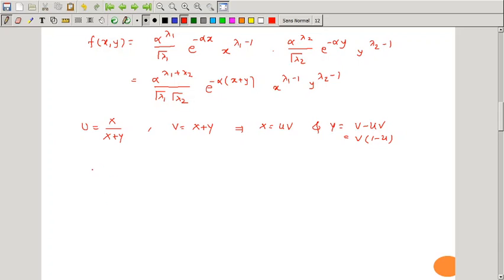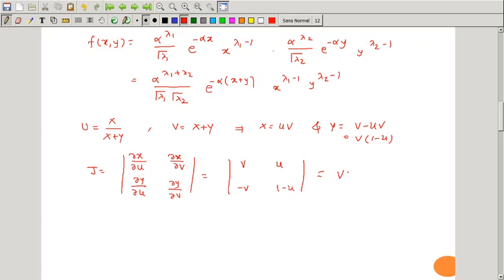Now further we find the Jacobian. The Jacobian is equal to the determinant of del x by del u, del x by del v, del y by del u, del y by del v, the old variables with respect to the new variables. So this is equal to: x with respect to u is v, x with respect to v is u, y with respect to u is minus v, and y with respect to v is 1 minus u.